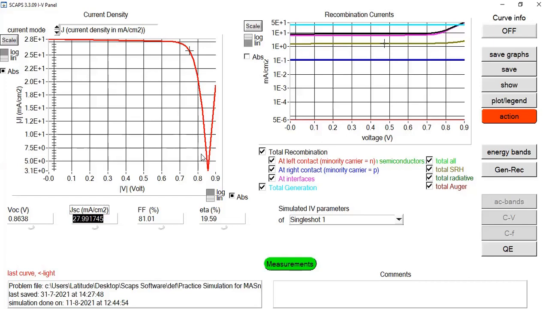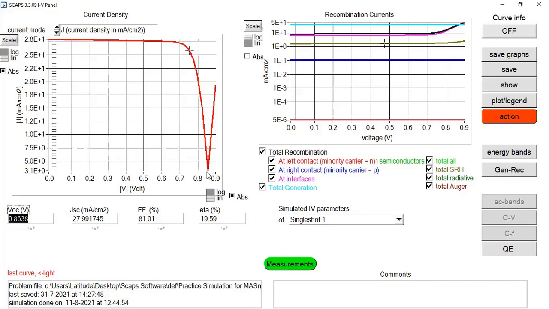And when we talk about the VOC value, it is about 0.86, a little bit over here. Remember why we call it VOC. VOC means open circuit voltage. At the open circuit voltage, we have the maximum voltage computed for today's structure. At this VOC value, like 0.86, we will have current value 0 here.